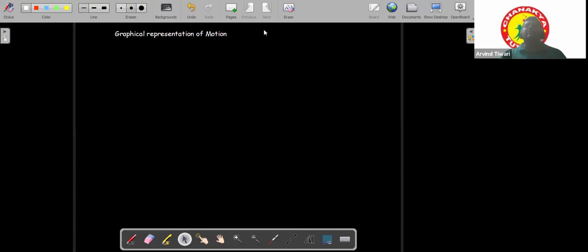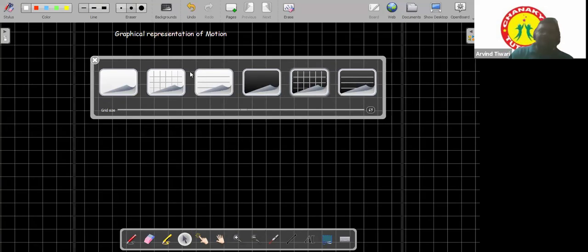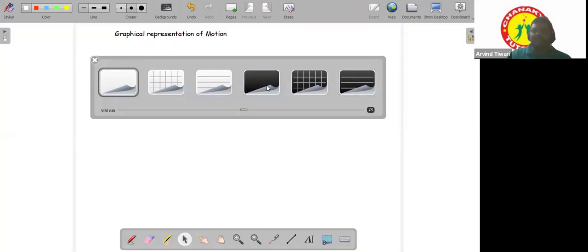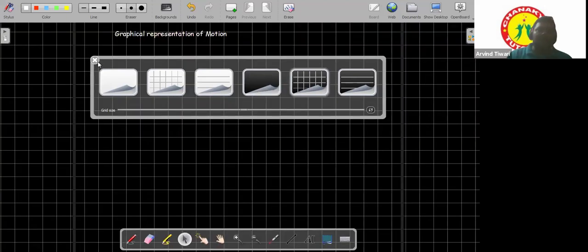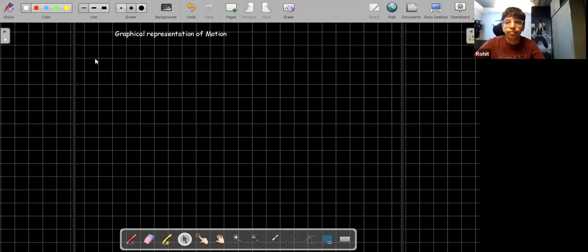In the graphical representation of motion, we study the different quantities like position, time, displacement, speed, velocity, acceleration. These are the things which we have studied. All the changes which we observe or study are with respect to time, because everything we are going to study is with respect to time. Yes, sir. Okay.